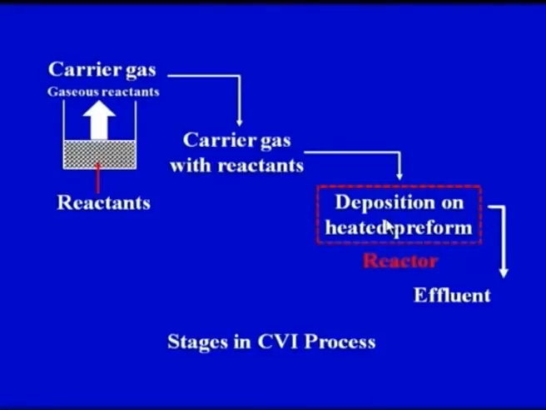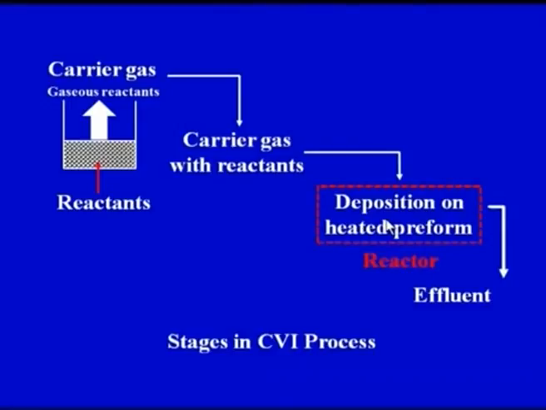The reinforcement can be a fibrous preform or it can be a porous structure of different types of reinforcement materials. When these gaseous reactants pass through this porous structure, they will decompose and the solid matrix would be deposited on the fibers that are present in the preform.